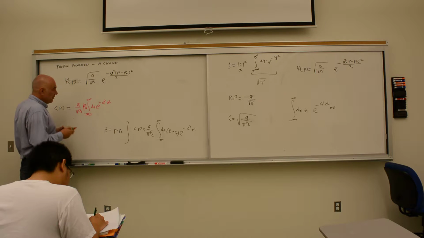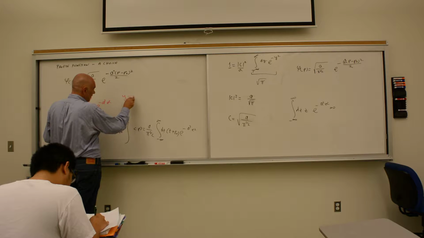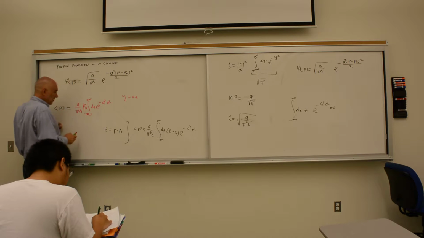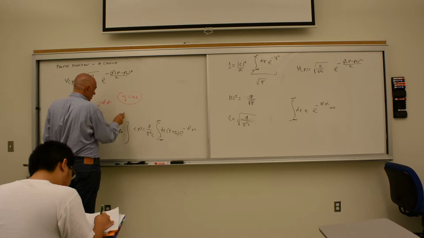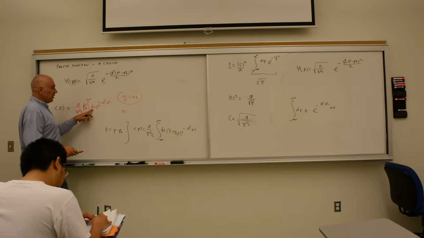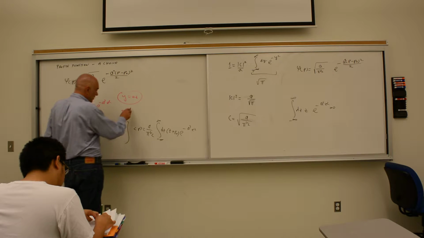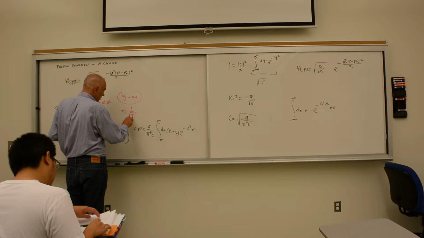If you change the variable from z to y, then upon substitution, dz will give you dy over a, which will cancel this a.